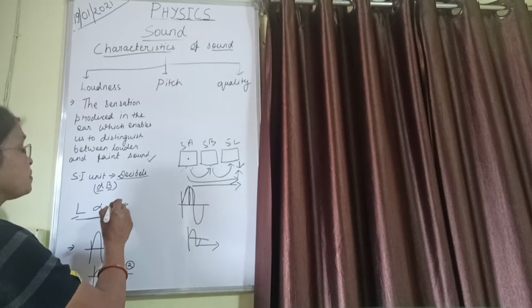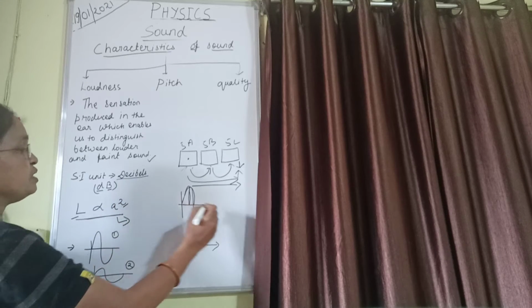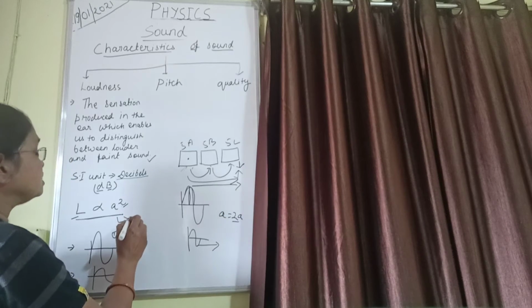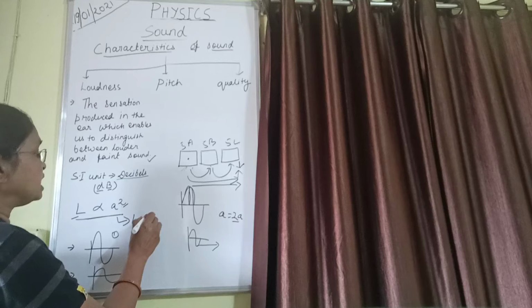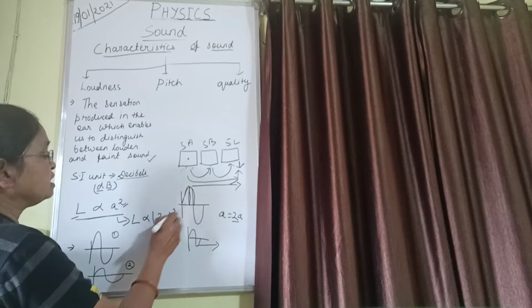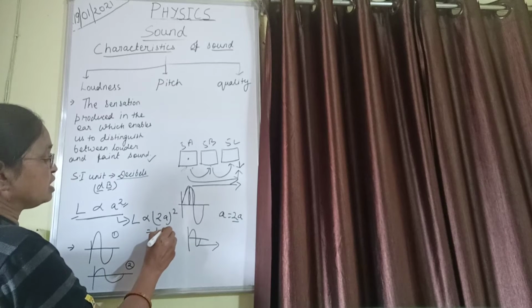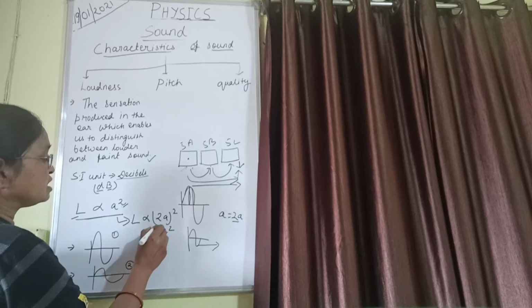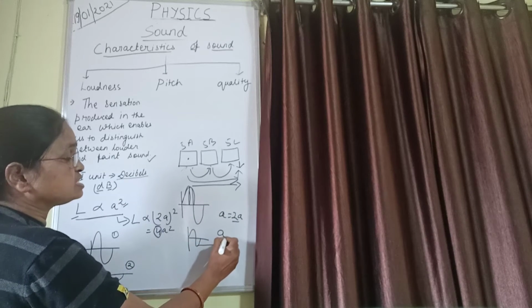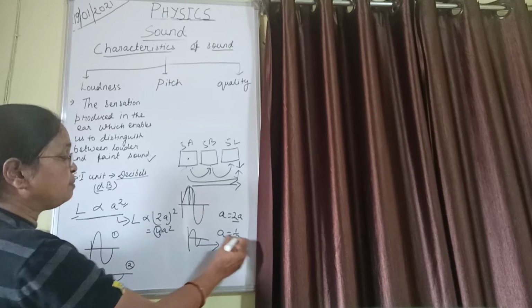How? I am showing you. Amplitude is double, so we can write A equals 2A. Loudness is directly proportional to (2A) whole square, which is 4A square. So loudness increases 4 times. If amplitude decreases to half, then what will happen?